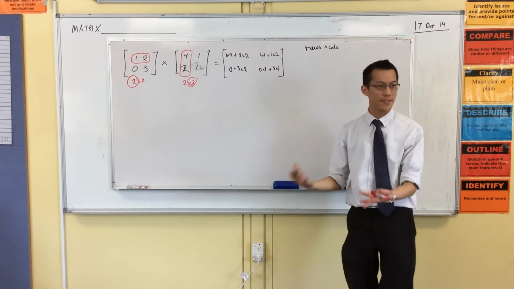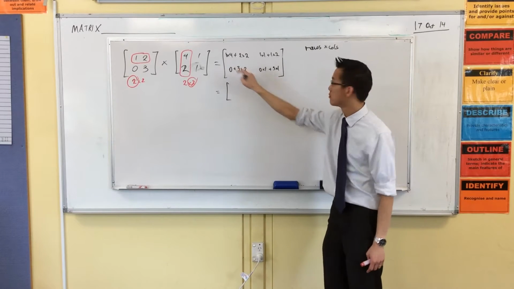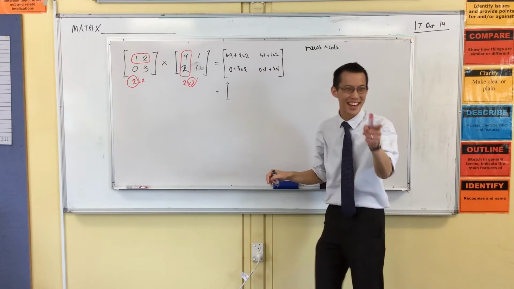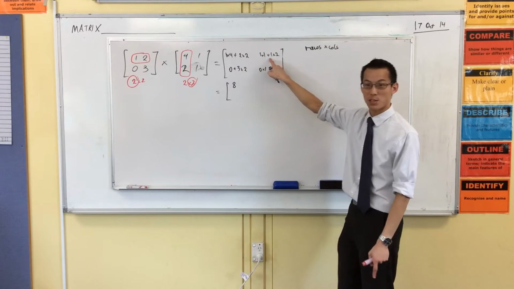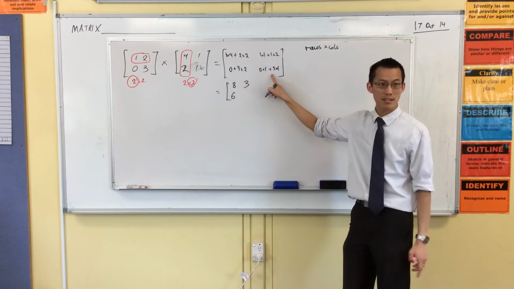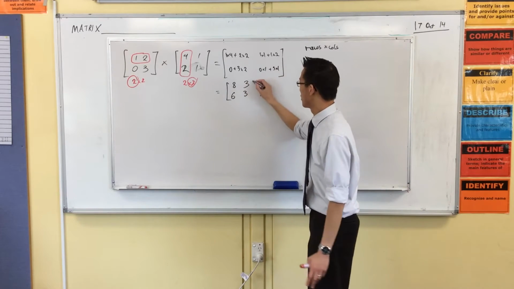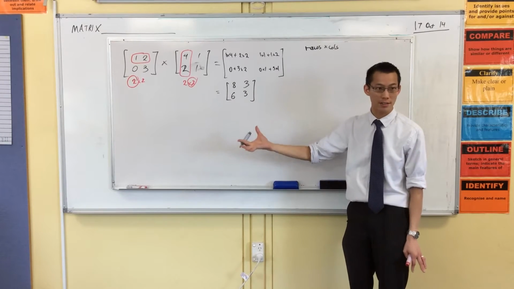Cool. And now I can evaluate them all, yeah? Okay, up in the corner: 4 plus 4 is 8, 1 plus 2 is 3. That's 6. And 3. There you go. And there's our product, okay.